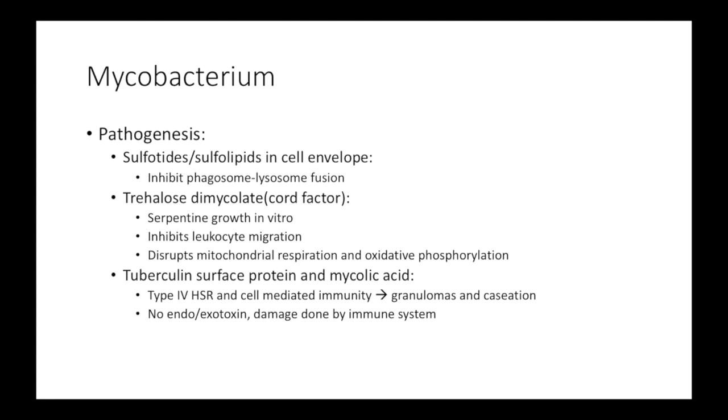These are responsible for the type 4 hypersensitivity reaction you see in a diagnostic test, which we'll talk about a little bit later, as well as cell-mediated immunity, where you have granuloma formation and caseation as well. Also important to note that there is no endotoxin or exotoxin with Mycobacterium. The damage is primarily done by the immune system.